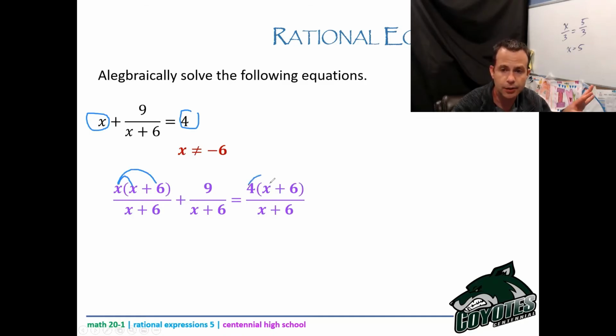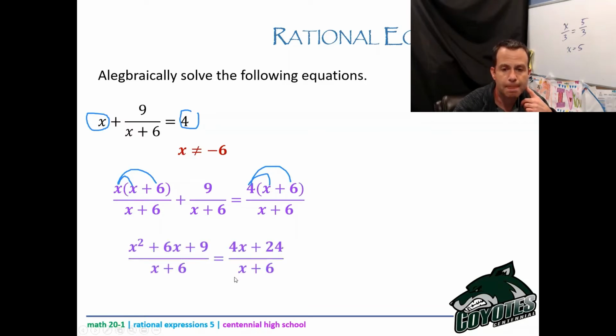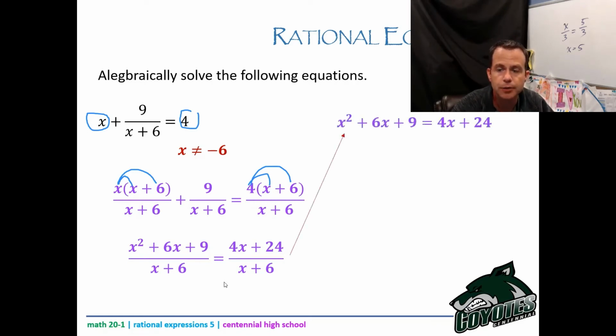And then here I'll have 4x plus 24. Okay. I am now in a situation where I have a fraction equals a fraction and the denominator is the same, so I can just pull the numerators off. Okay, so I have x squared plus 6x plus 9 equals 4x plus 24.